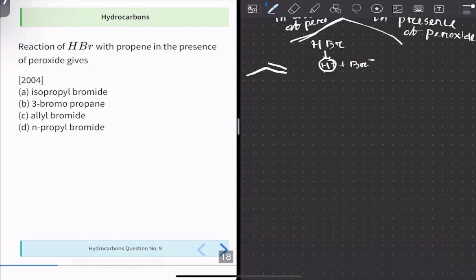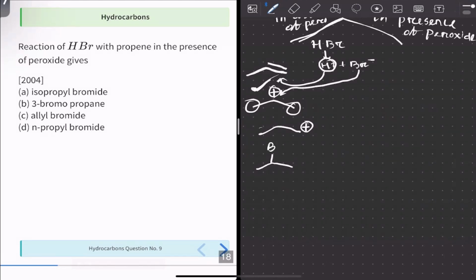There are two possibilities: it can form this carbocation or this carbocation. The first carbocation is more stable because of the two alkyl groups on both sides. Then the bromide ion will attack this and form a haloalkane.